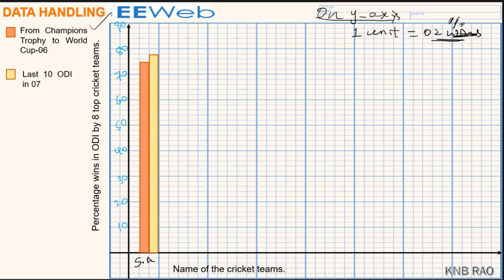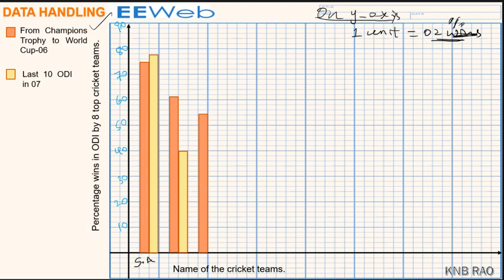The second country was Australia. They won 61% from Champions Trophy to World Cup 2006, and only 40% of the matches in the last 10 ODIs.